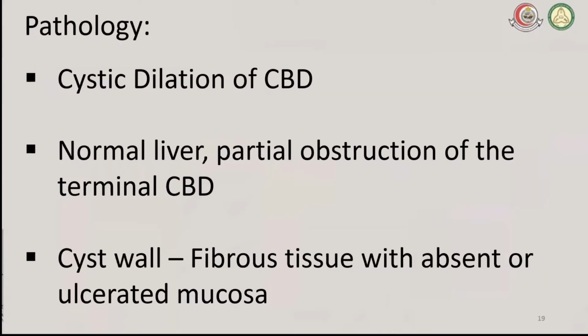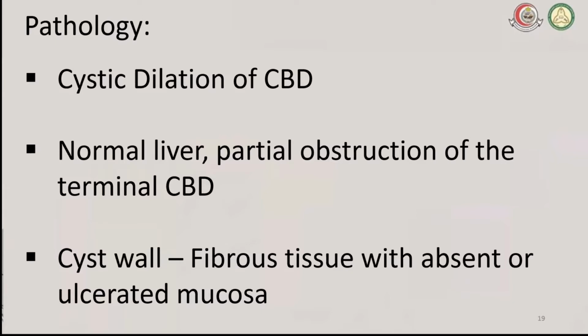So the pathology is a cystic dilatation of the common bile duct. In the early stage, it is a normal liver, and because there is a partial obstruction, there is not a lot of pressure in the liver, as happens in biliary atresia in comparison.